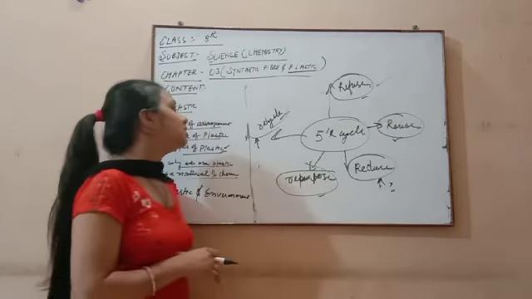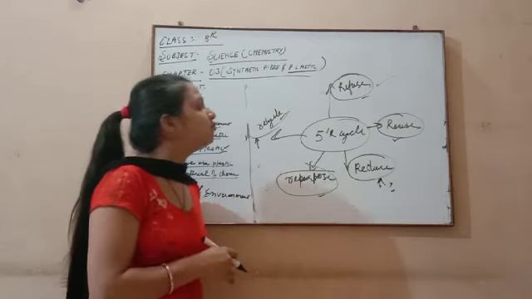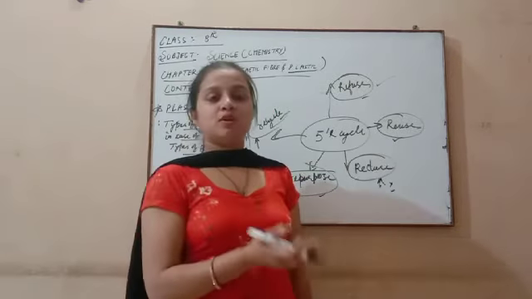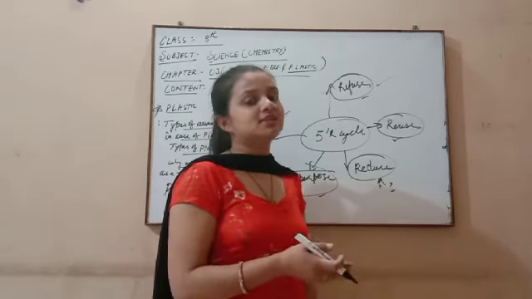So this is completely chapter number 3, synthetic fiber and plastic. This is a very important chapter and a very familiar chapter also, because we use fiber in our daily life and we use plastic also in our daily life. Both things are seen by us in our daily life.